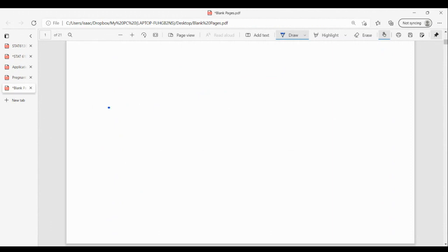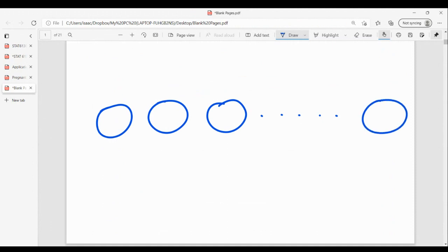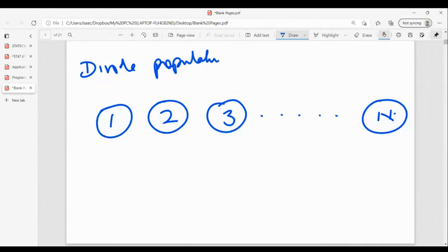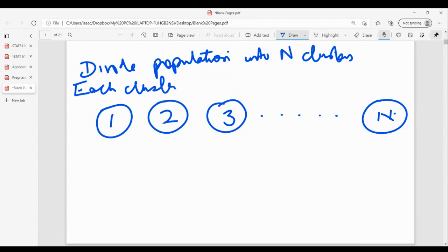So initially what takes place is that you divide your population into N clusters, capital N, and each cluster has capital M units inside there, right?